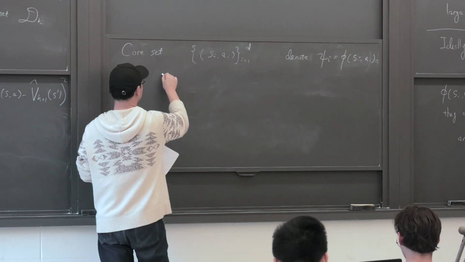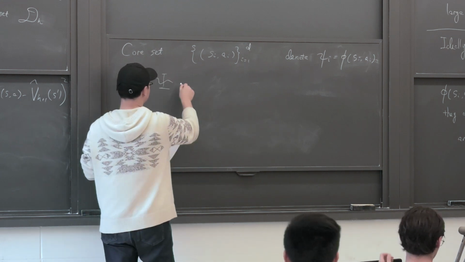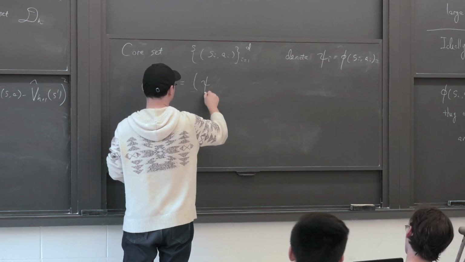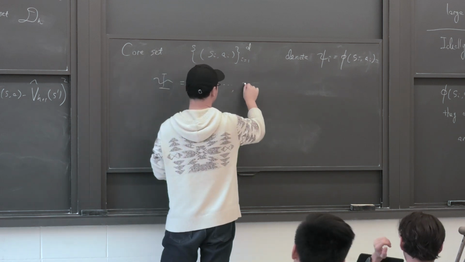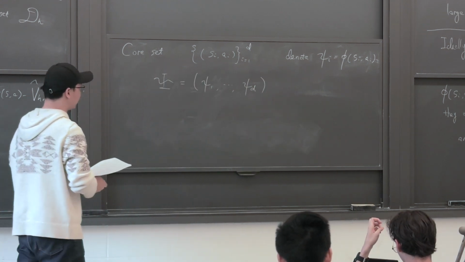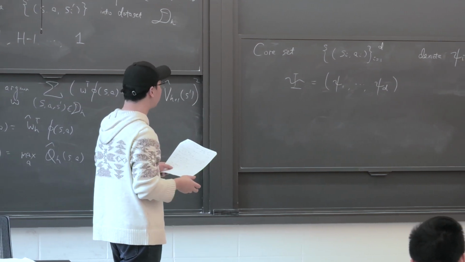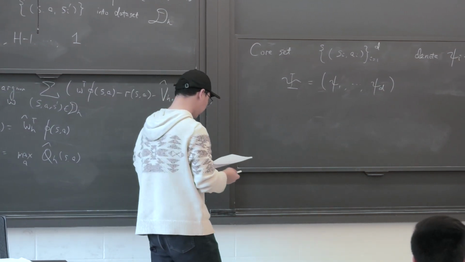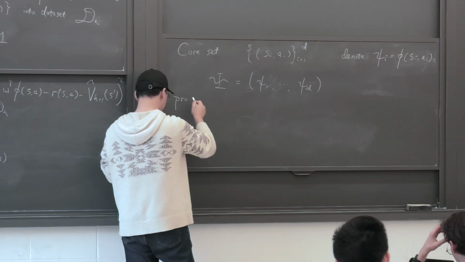So we can look at the feature matrix, capital Psi, which is a concatenation of the feature maps of all the state action pairs in this core set. This matrix essentially fully characterizes the feature maps of this core set. Particularly, the core set requires the following properties to hold.